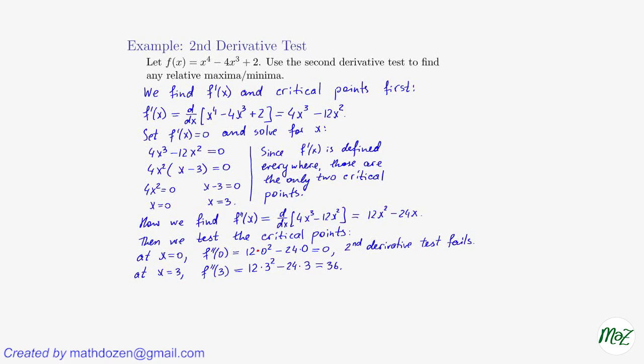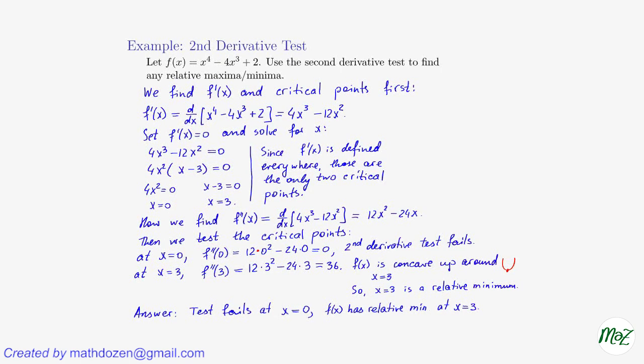That's 36. That makes the function concave up around that point. And if the function is concave up, it looks like this. And we are at a critical point, so this must be a relative minimum. So the second derivative test gives us an answer at least at one place. The test failed at x equals 0, and f of x has a relative minimum at x equals 3.